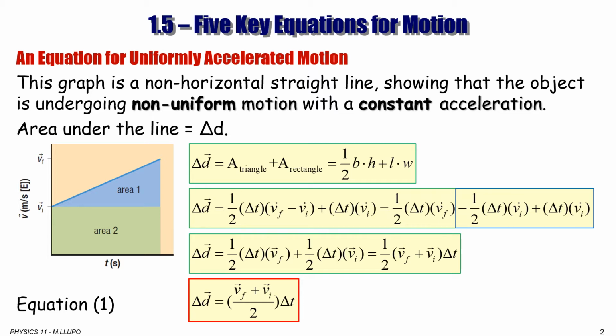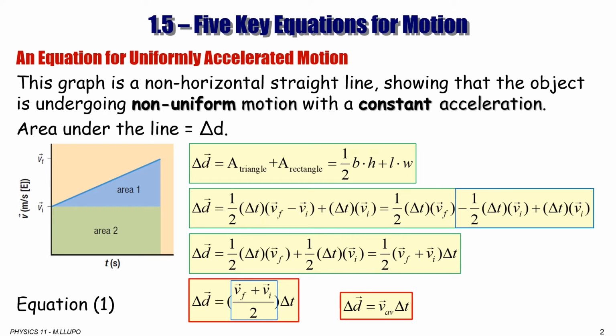So we can say the displacement of an object that undergoes uniformly accelerated motion, accelerated motion with a constant acceleration, is average velocity times time. Why do we say average? Because V final plus V initial divided by 2 is V average.